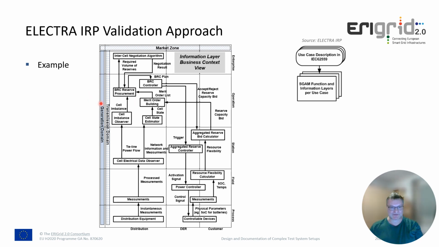a restoration control approach is being described with the different elements in the distribution tier and customer domain over the different zones, where the different functions are being described here.